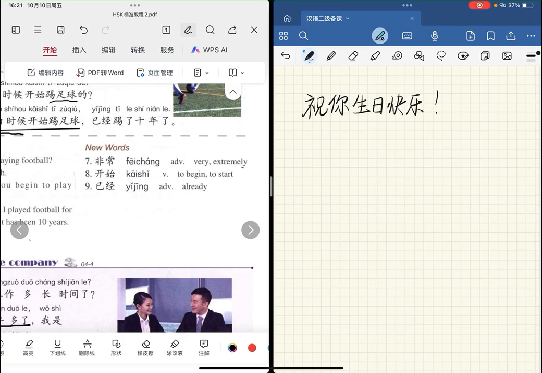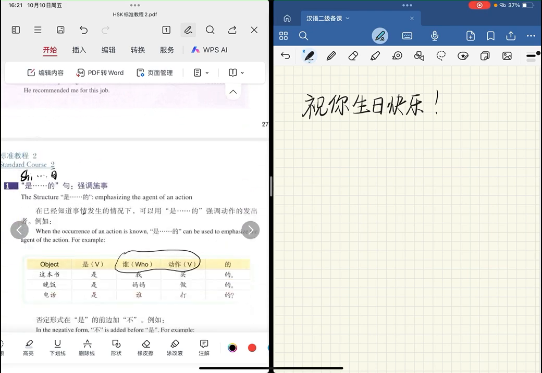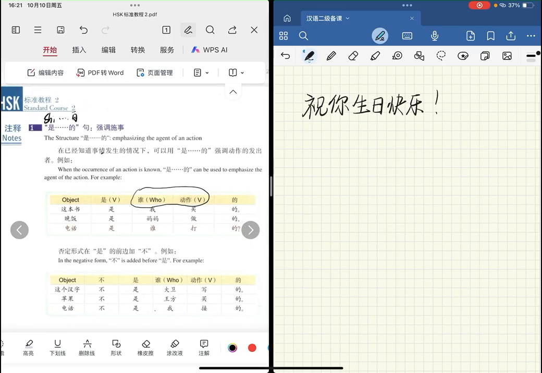I'm extremely happy, 非常高兴。开始，已经，长，两，帮，介绍。Okay, these are the new words. Let's see the grammar points.